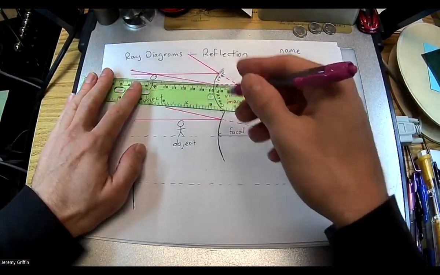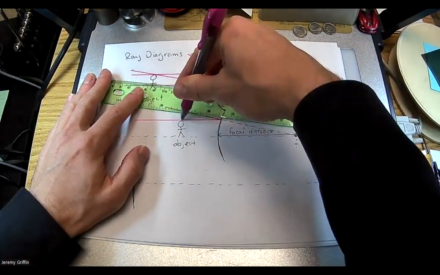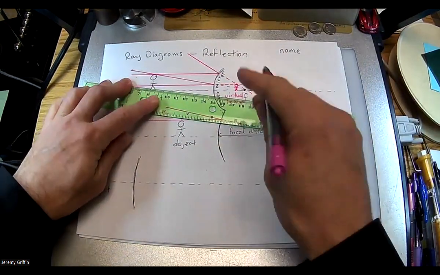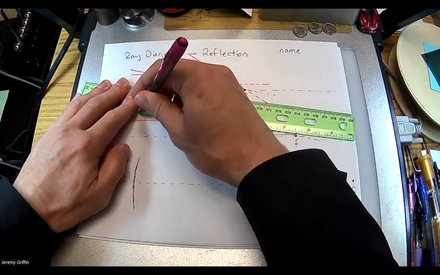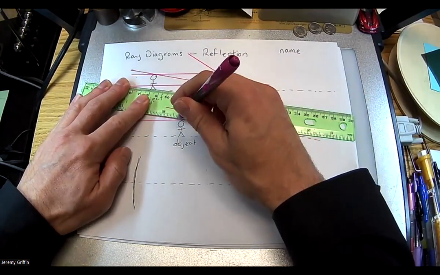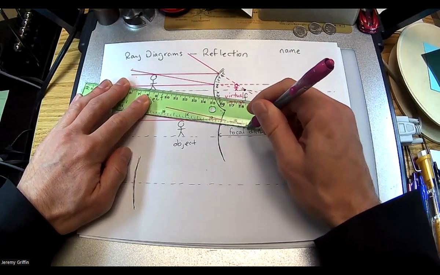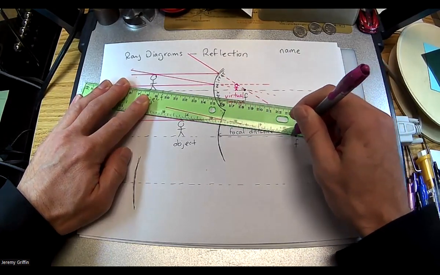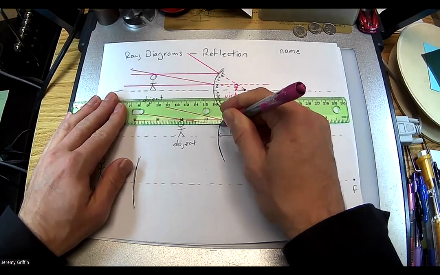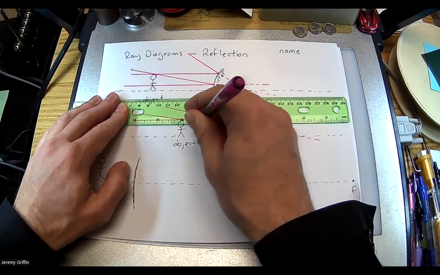Then let's go for the top of his head straight toward the focal point. Now, of course, this ray of light won't cross the mirrored surface. So it's headed straight towards it, but it's going to bounce off right here, back parallel to the ground.